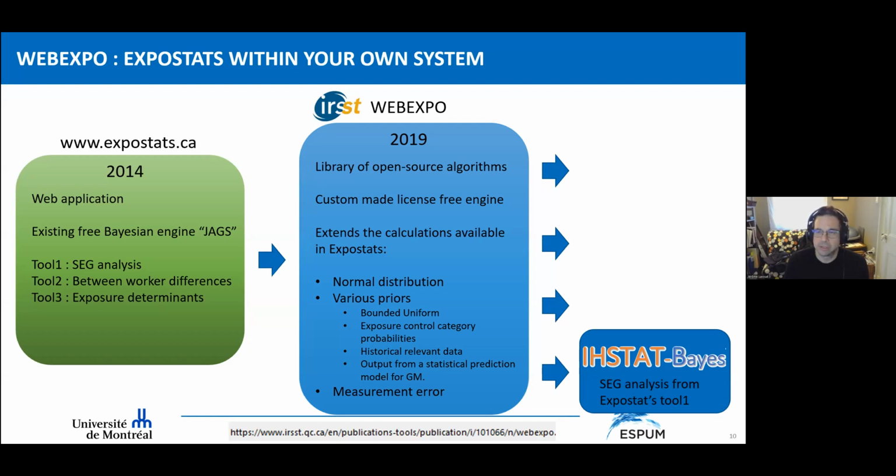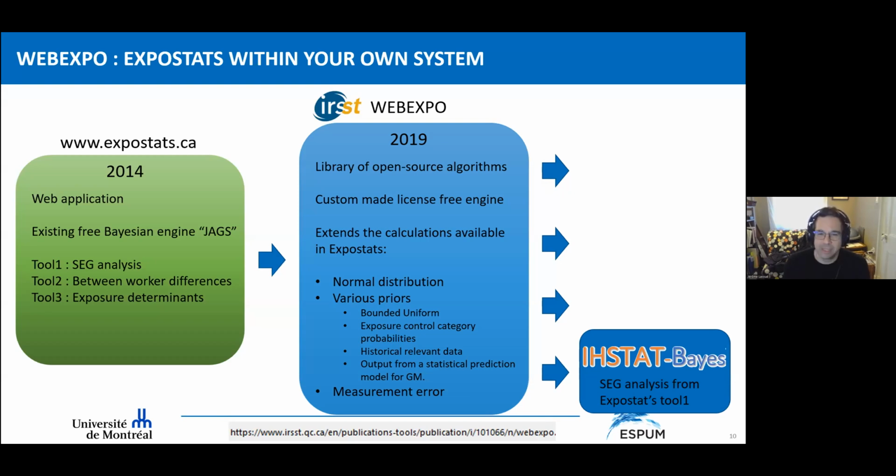We conducted a project from 2015 to 2019 funded by IRSST, a Quebec research institution that is a bit like the American NIOSH. We obtained this grant, which cost approximately 300,000 Canadian dollars, much less in US dollars.